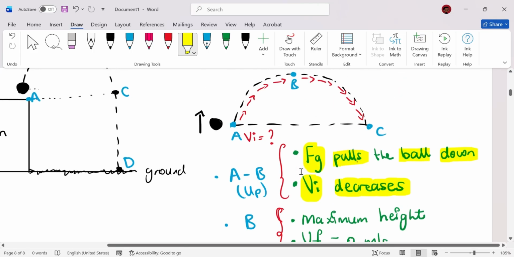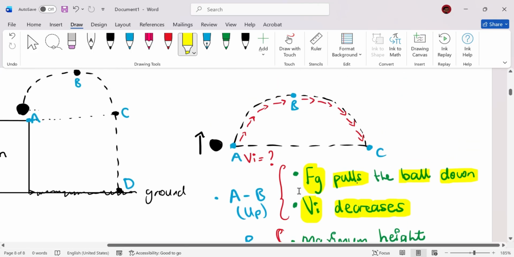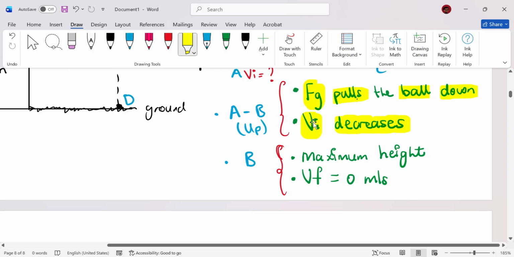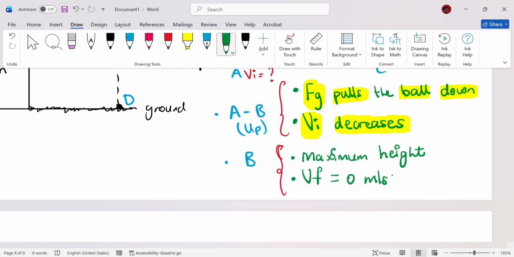And what happens at point B? When we get to point B, that is the point referred to as the maximum height. At the maximum height, what do we say? We say that the final velocity of the ball is 0, right? That also means that the ball is momentarily at rest.